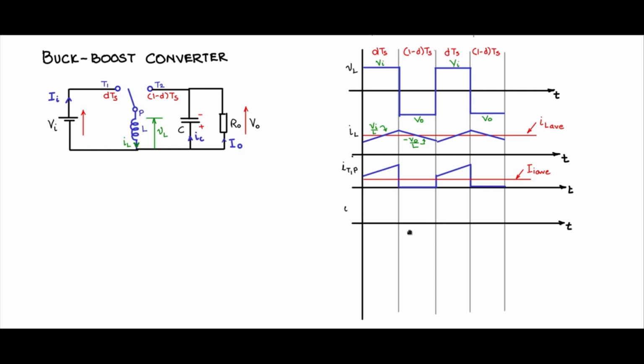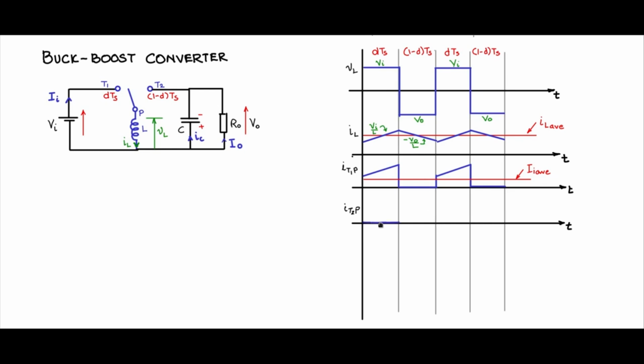Next, let us look at current T2P. The direction of the current through the inductor cannot change. So what was T1P now becomes T2P, the inductor freewheeling in this fashion. And T2 is connected to P during 1 minus D Ts period. So that portion of the inductor current that occurs during 1 minus D Ts period will flow through T2P.